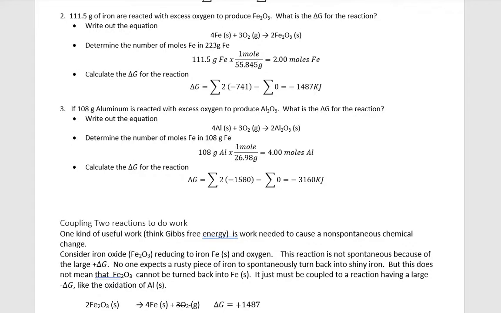All right, so we're going to plug that value in to our delta G here. 2 times that negative 741 is going to give me a negative 1487 kilojoules, and that negative value shows me that it's a spontaneous reaction, so it will occur, and it incorporates the delta G based on the formations.